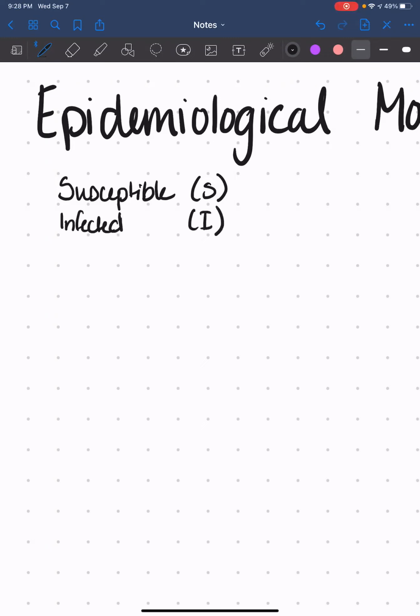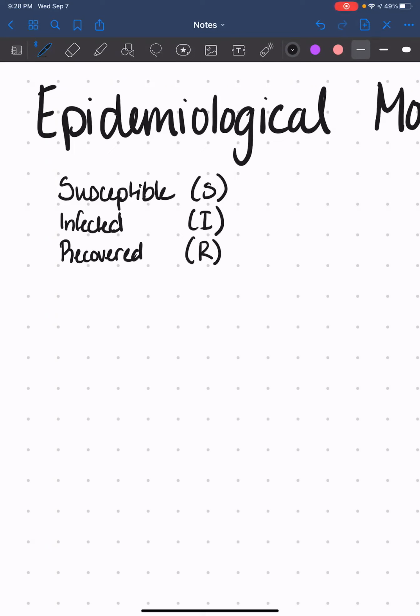And we're going to start with a model that includes susceptible, which we will abbreviate as S. And these are people who can get sick, infected, which we will abbreviate to I. And these are people who are sick and are infectious, and recovered, which is people who are recovered and cannot get sick anymore from whatever infection we are modeling.